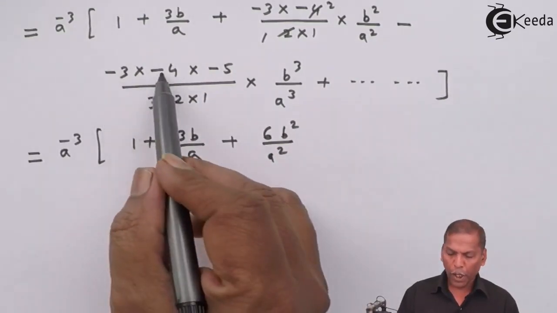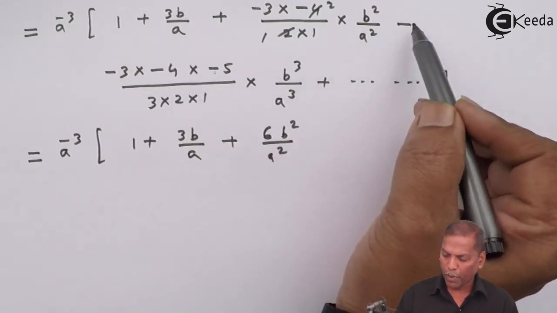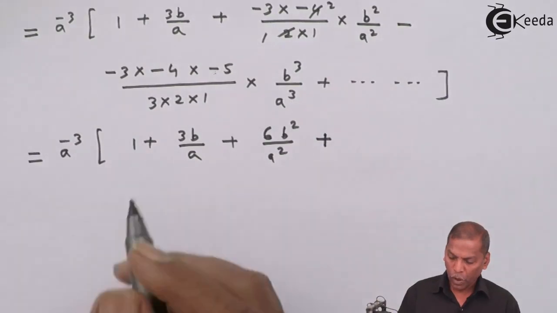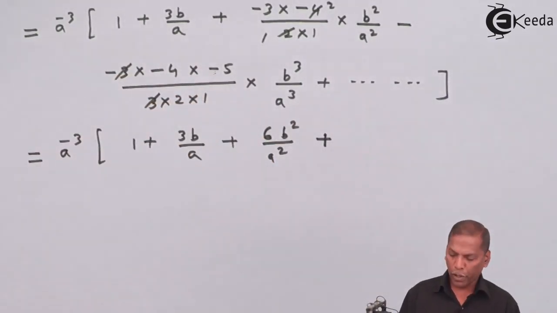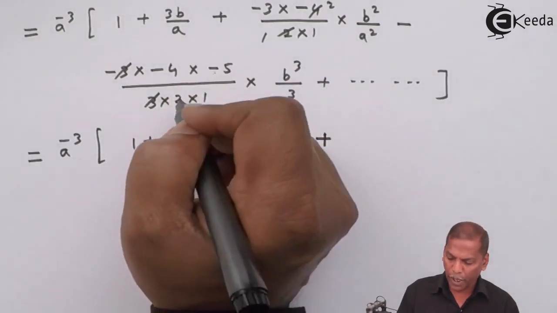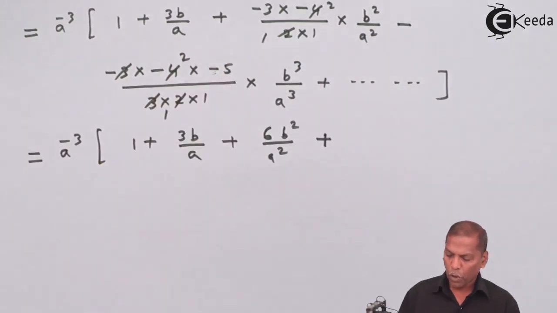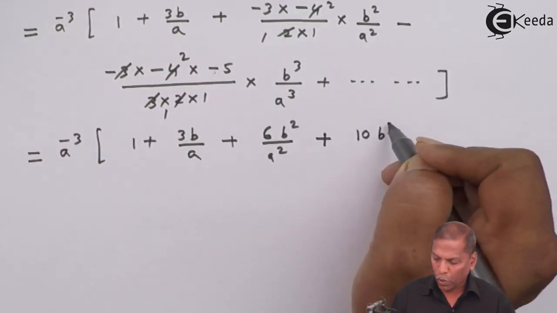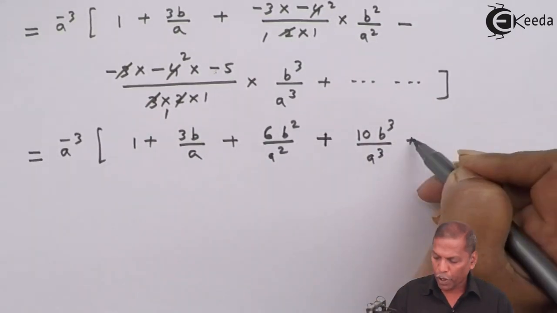Then minus minus plus, plus into minus minus, and minus into again minus, so that gives us plus. We cancel 3 from numerator and denominator. Then again we go for cancellation, 2 1s are 2 and 2 2s are 4. So 2 into 5, 10 into b cube upon a cube, and plus going on.